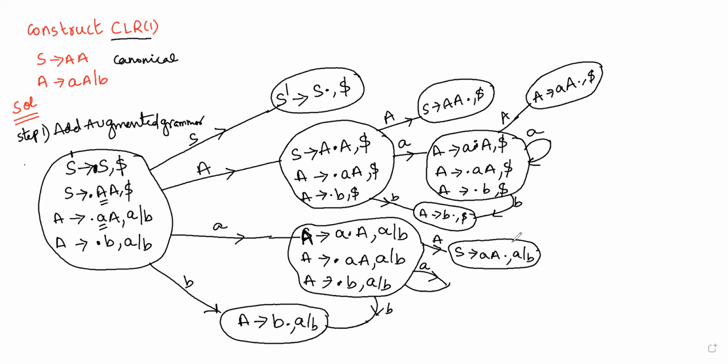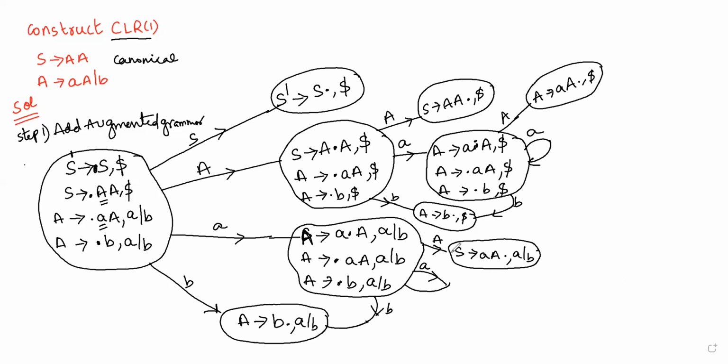Okay. Now if you see, all the productions were completed. Now what we have to do? We need to construct the table. So this is called CLR parsing. Now we will construct the parsing table.